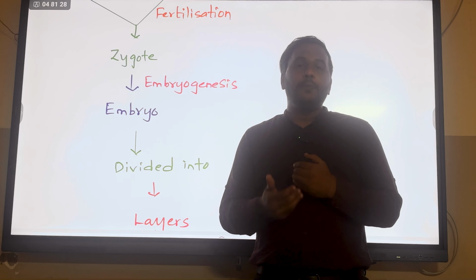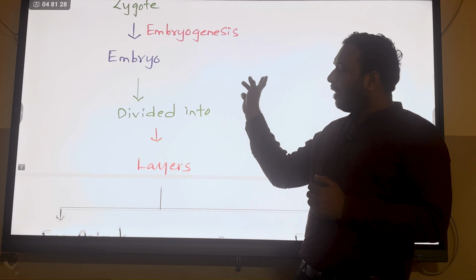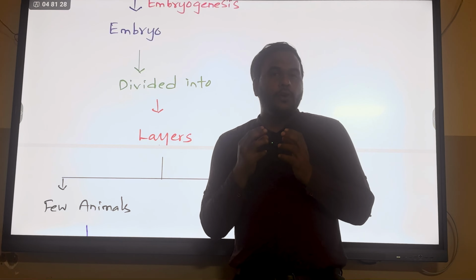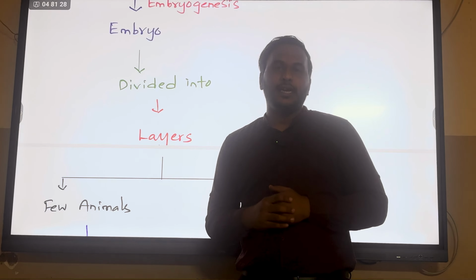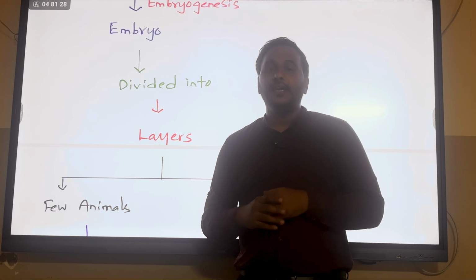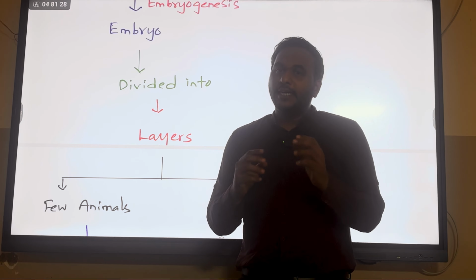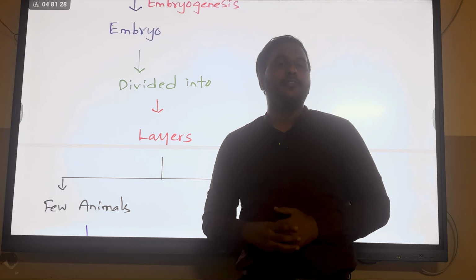That means development or formation of the embryo from the zygote. So that is the embryo, and finally the embryo will be divided into layers. So they are called embryonic layers. Then you may think, what is the importance of these embryonic layers? Each embryonic layer can give rise to specific tissues, organs, organ systems.